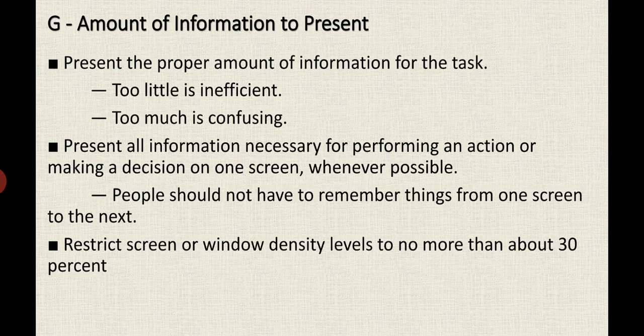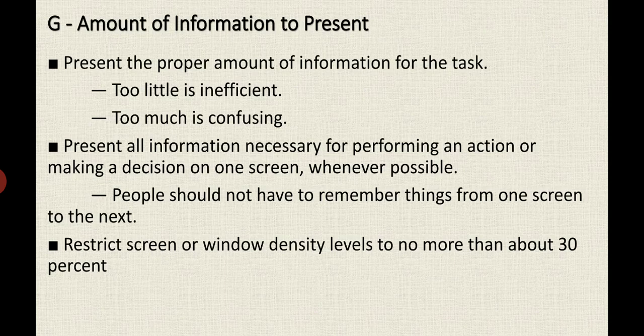We have to add information to the screen in such a way that it is sufficient. We have to present the proper amount of information for the task. Too little is inefficient and too much is confusing. Present all information necessary for performing an action or making a decision on one screen whenever possible, so people should not have to remember things from one screen to the next.